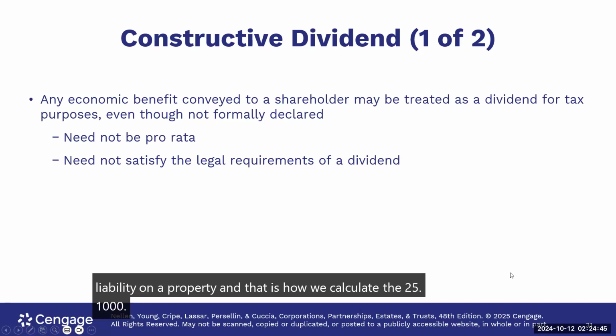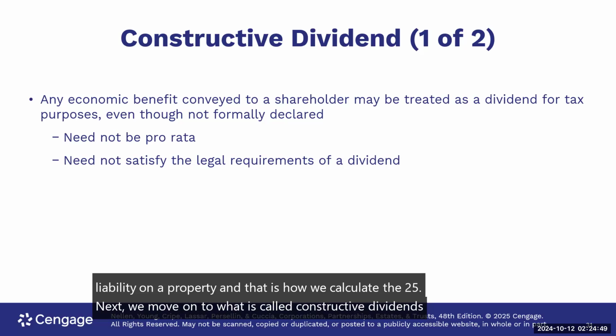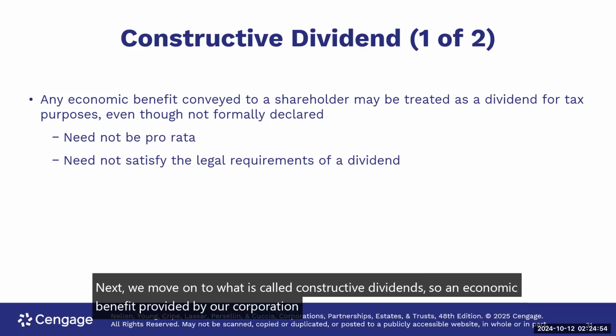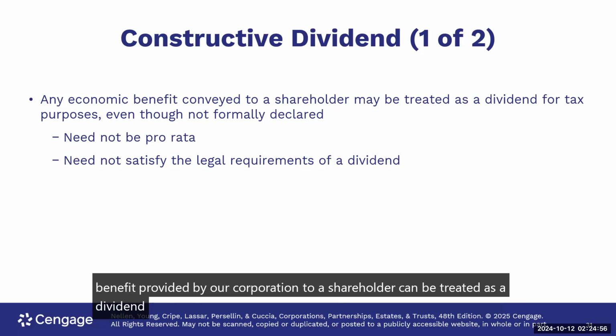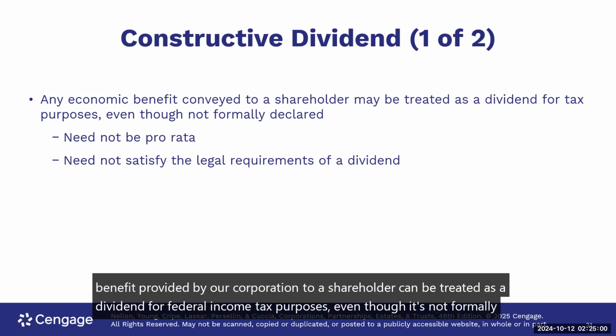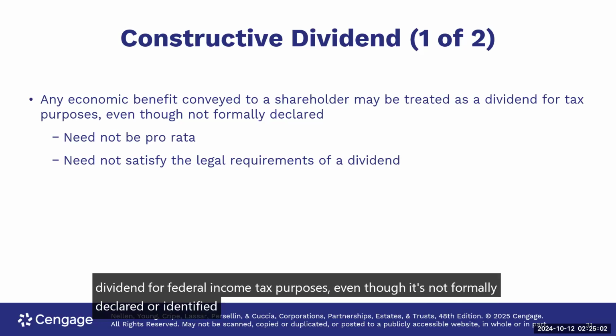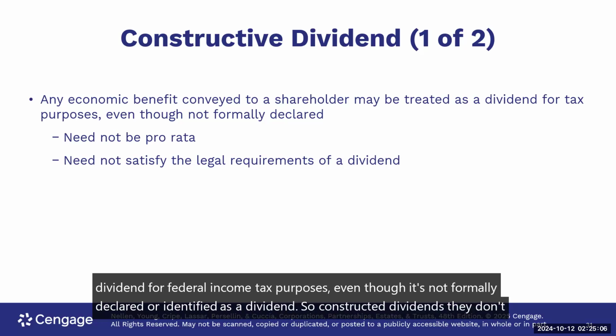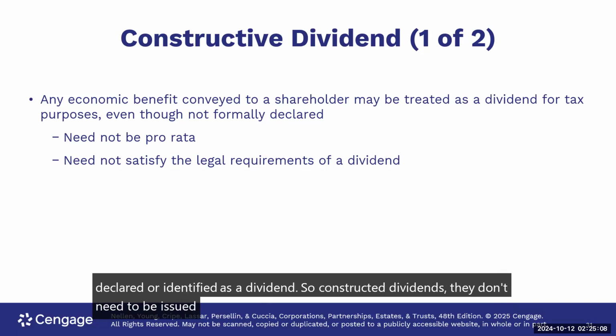Next, we move on to what is called constructive dividends. So an economic benefit provided by a corporation to a shareholder can be treated as a dividend for federal income tax purposes, even though it's not formally declared or identified as a dividend. So constructive dividends don't need to be issued pro rata to all shareholders or satisfy the legal requirements of a dividend.